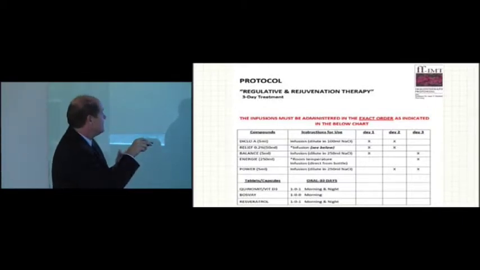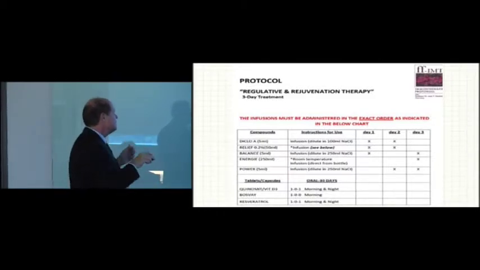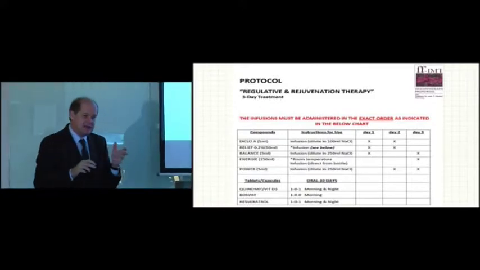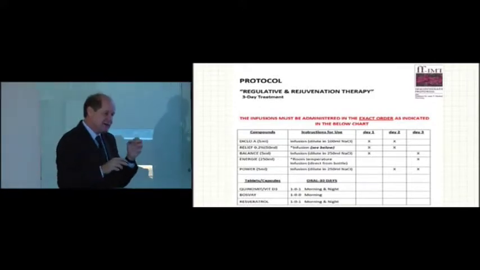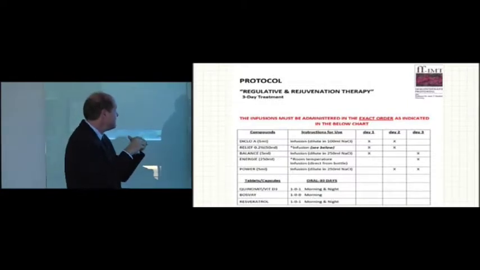By giving Relief, by injecting the dichloroacetate, DCA, we will normalize the physiologic glucose oxidation of the mitochondria, which is very important. Balance is a compound which has choline citrate, which is very good to normalize sympathetic and parasympathetic activity.